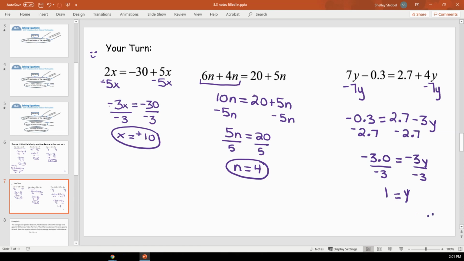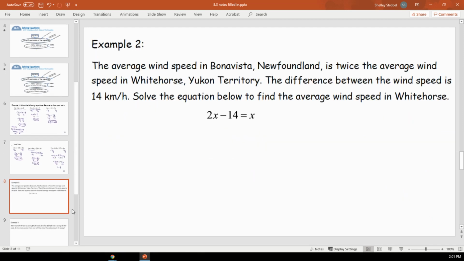Okay, one more question for you to try, and then we'll finish our last question. All right, our last question is a word problem, and we will be doing a section where we just look at word problems and come up with the equation.